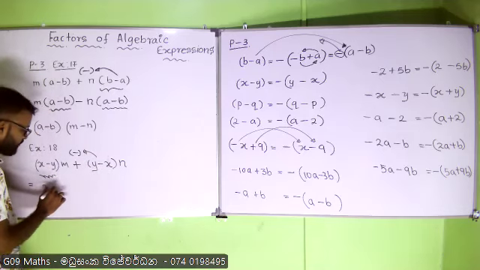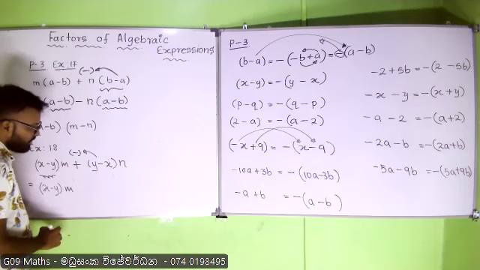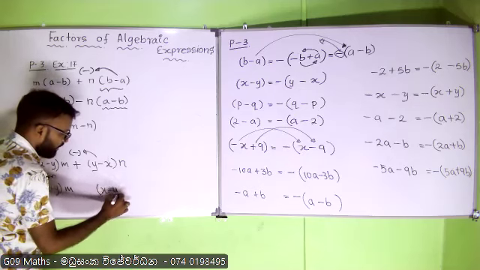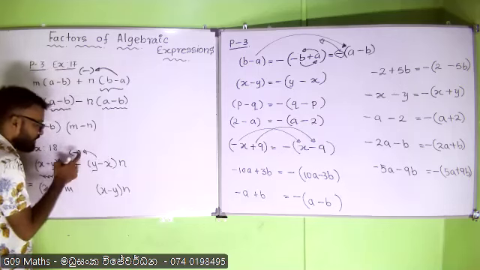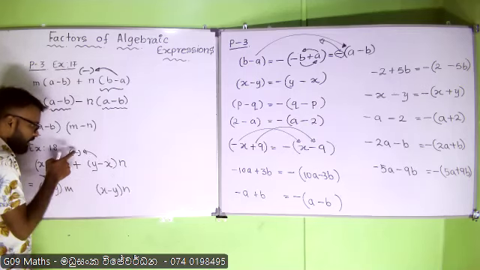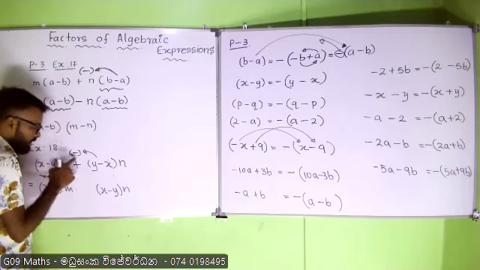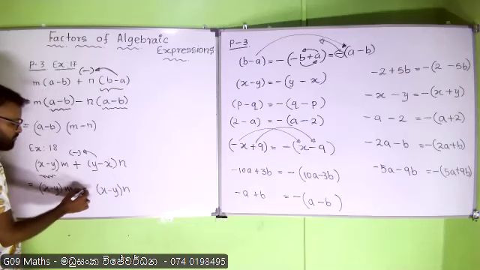So the x minus y here times m. And I am going to arrange x minus y here as well, by taking this negative sign out. This negative sign and this positive sign: negative multiplied by positive is negative. So the sign is negative.